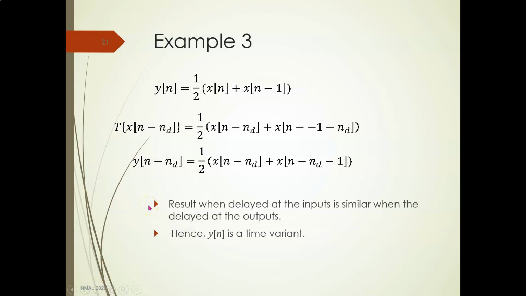For the first example here, yn is equal to 1 over 2 of xn plus xn minus 1. Basically all of this is what we call T, which is the transformation, and this is T of x, represented by the equation here.